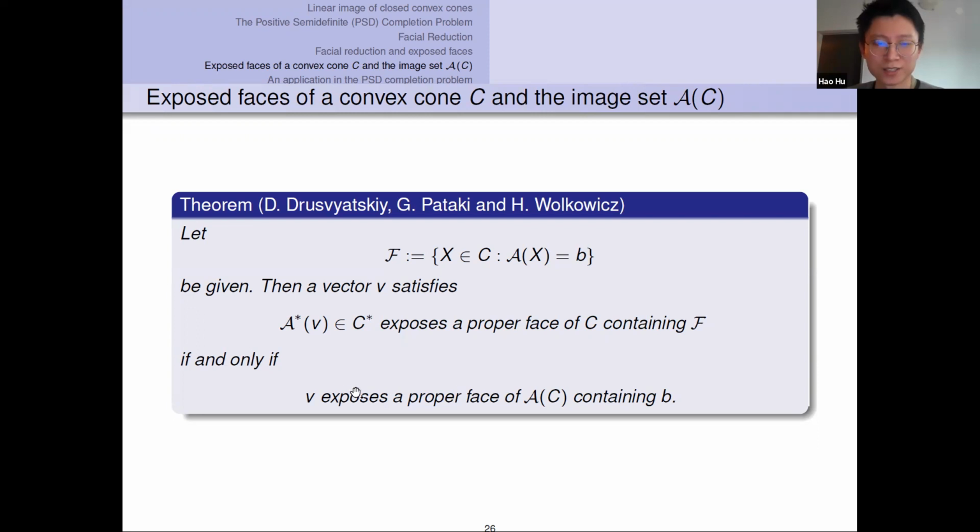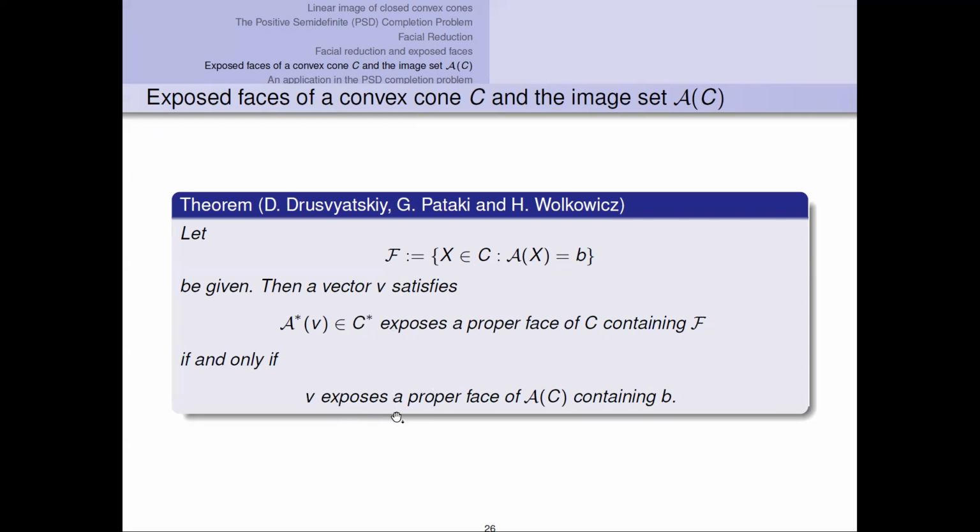Right. Yeah, that's a good question, because in the standard setting we usually work with closed convex cones C, where all the faces are exposed, but the linear image may not be exposed. If everything in the image is exposed, then the singularity degree is just one. There's nothing interesting there, right?